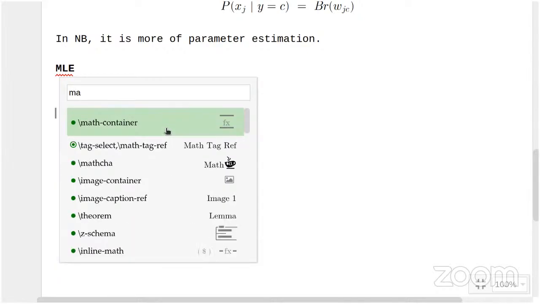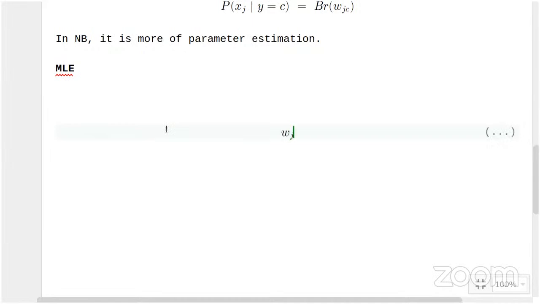is, again, for this whole wjc business, right? So feature j, class c. I'll first write the denominator because that's easier, and then we can take it from there. So you just sum. Sum over what?